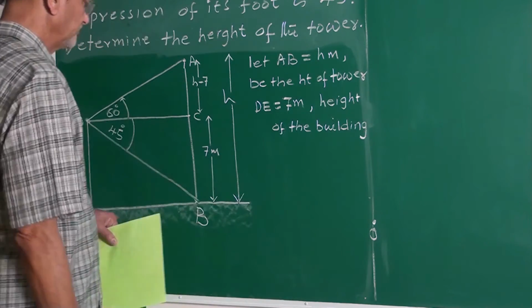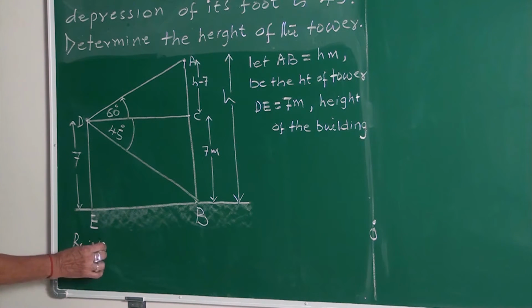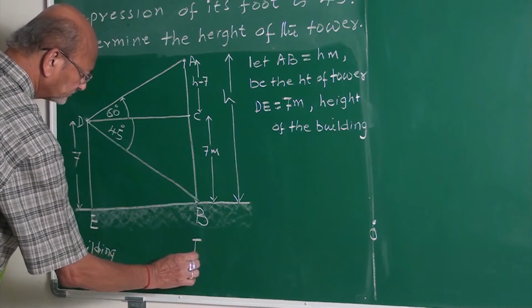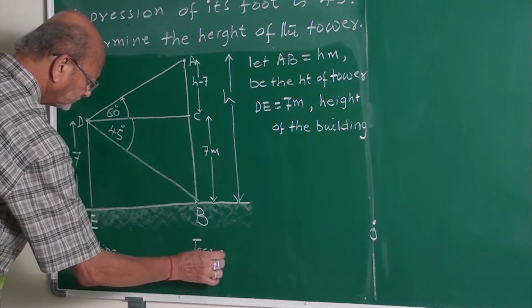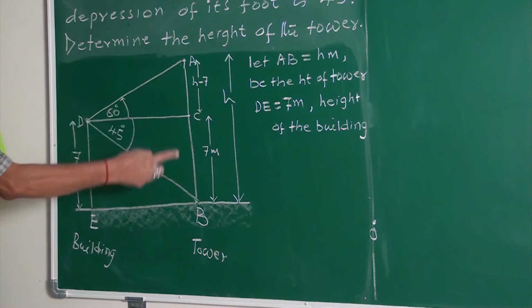This is the building. This is the tower. You wanted the height of the tower. The observer is here at point D. He will look at the top and bottom.